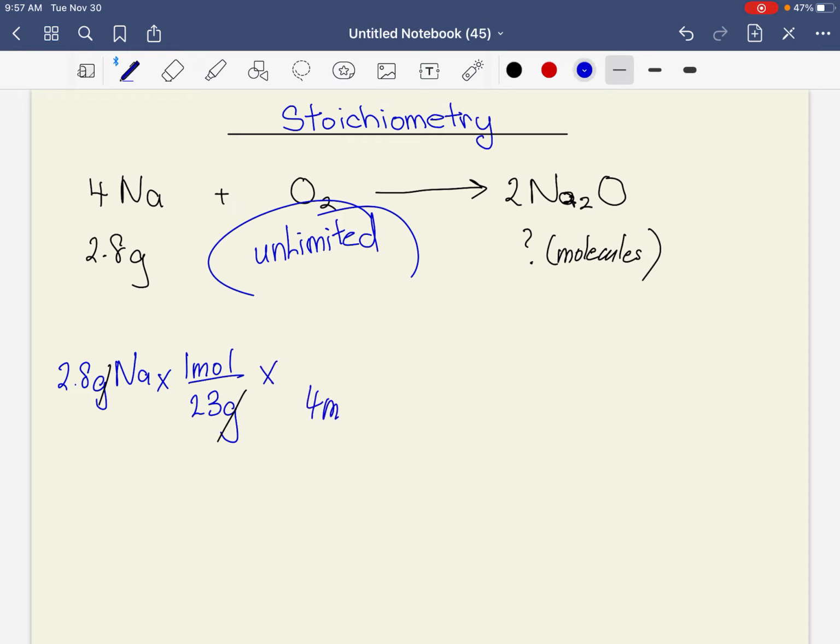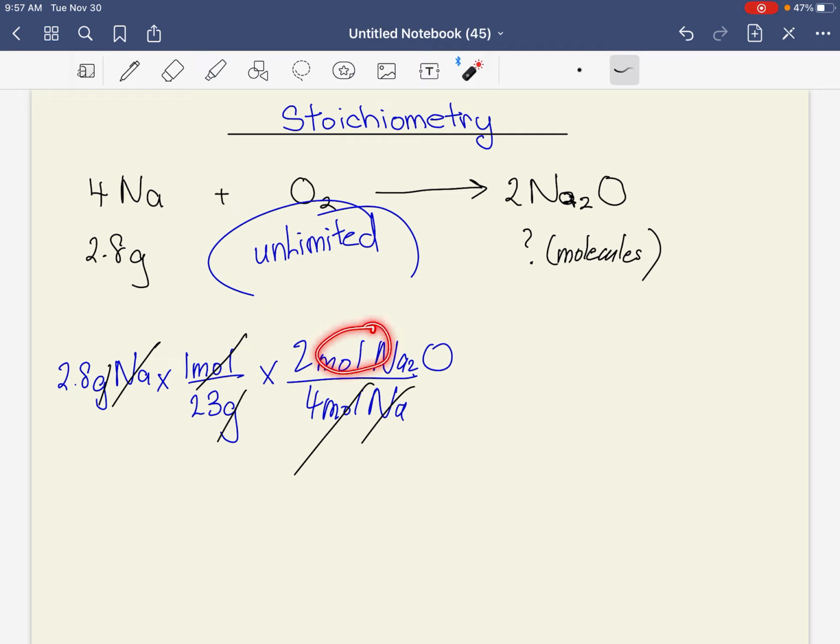Like 4 moles of Na produces 2 moles of Na2O. By doing that, Na cancels, moles cancel. Here you go, moles of Na2O. What are we going to do here? Because I don't want moles of Na2O. I want molecules of Na2O. Do you remember how to change moles to molecules?